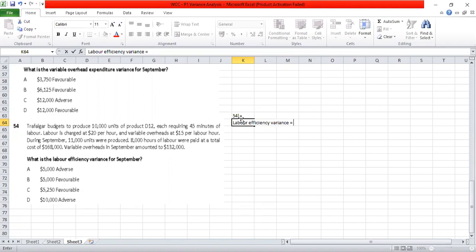Efficiency is the usage. Usage is about the number of hours used. So the number of hours used will be at the budgeted or the standard rate per hour. The standard rate per hour, or let's put it as budgeted.